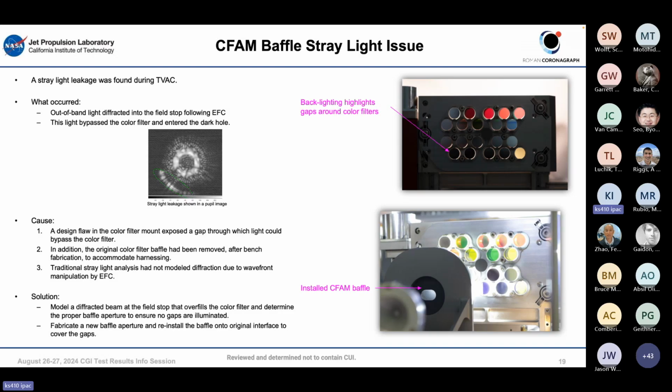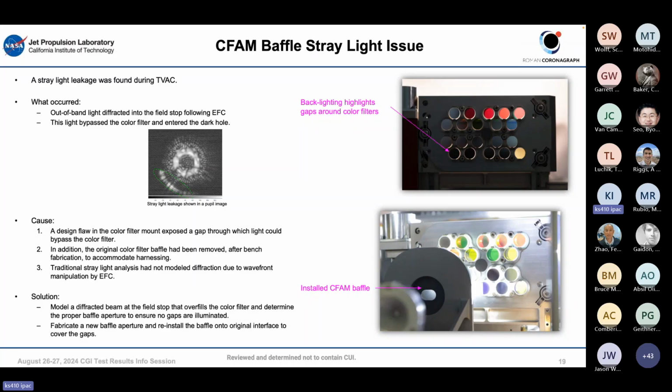And it happened to be that we had gaps located around each of those filters, as you can see from this backlit photo. On top of that, we had removed the baffle sitting in front of the color filter alignment mechanism because we thought we needed the room for harnessing.